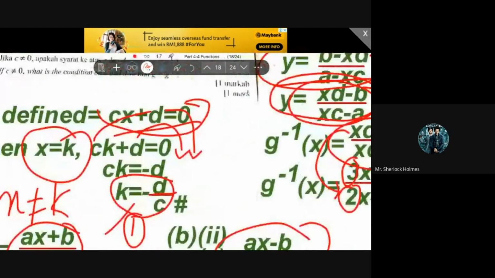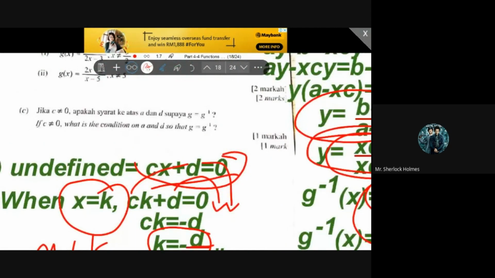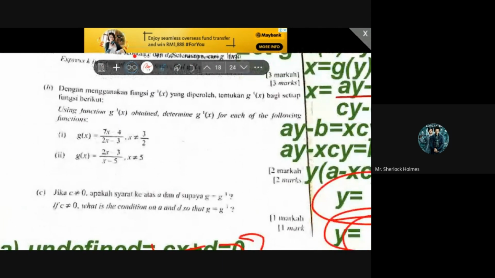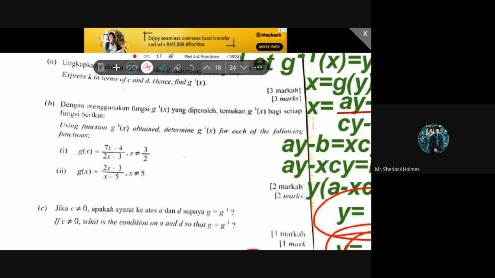So next one. So anyone don't understand can tell lah. So next question C. Okay, this is also a challenging question. Satu soalan mencabar juga. So they say if C tak boleh sama dengan kosong, what is the condition on A and D so that G boleh sama dengan G inverse? Anyone can tell the answer.